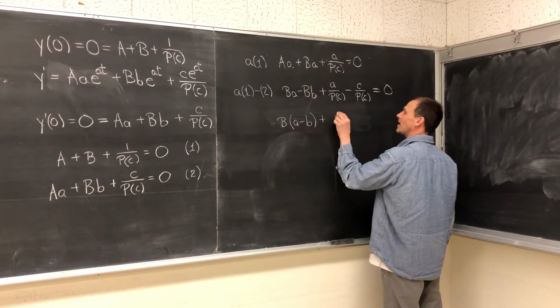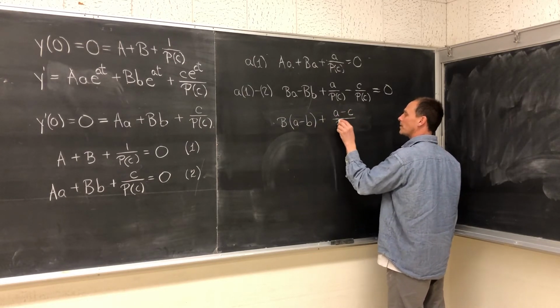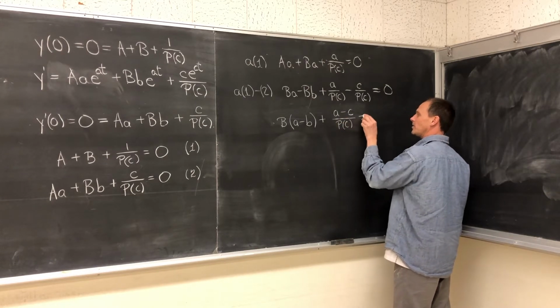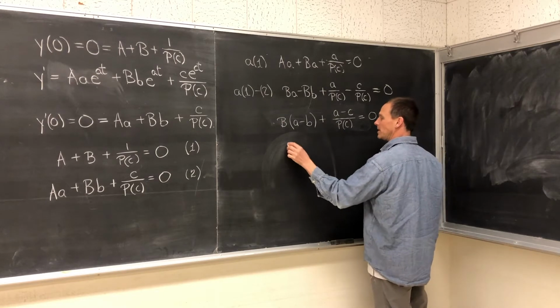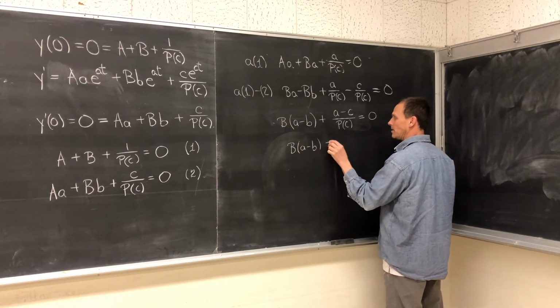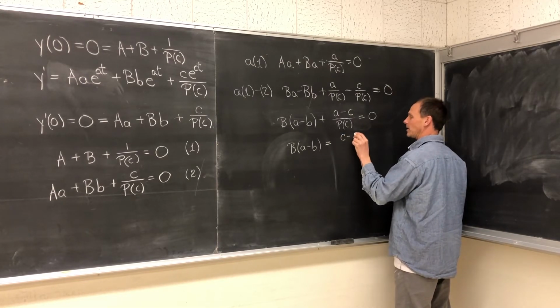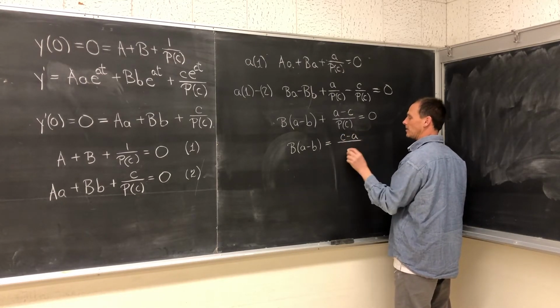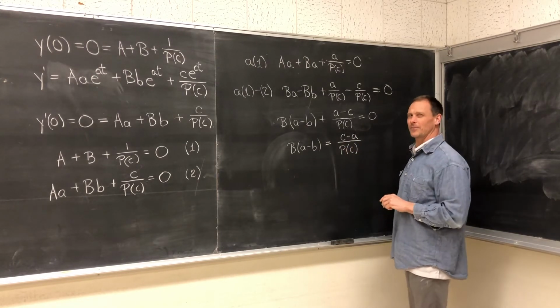This really is a minus c over p of c equals 0. I'm going to move this to the other side, so I have b times a minus b is equal to, let's just change the sign here and write this as c minus a over p of c. Does that look right?